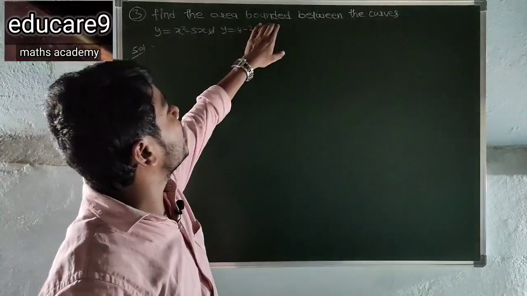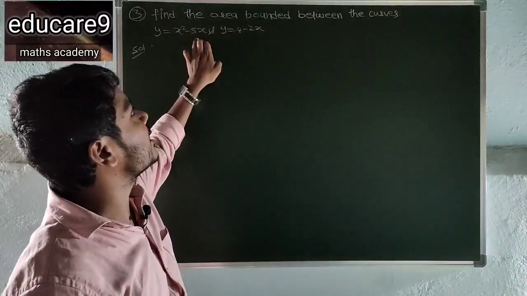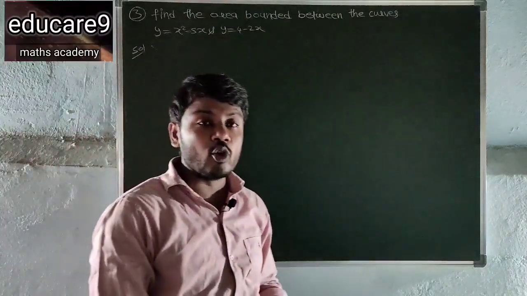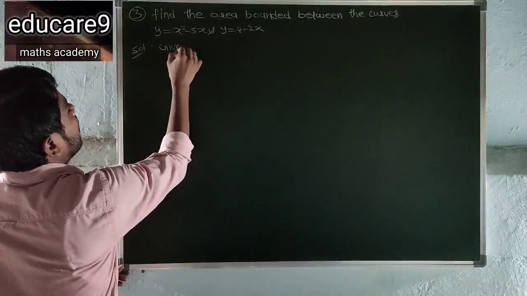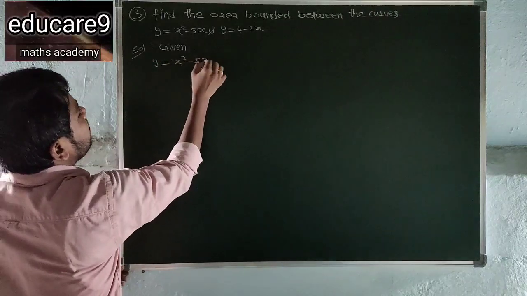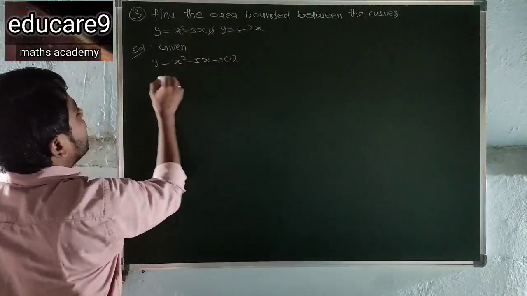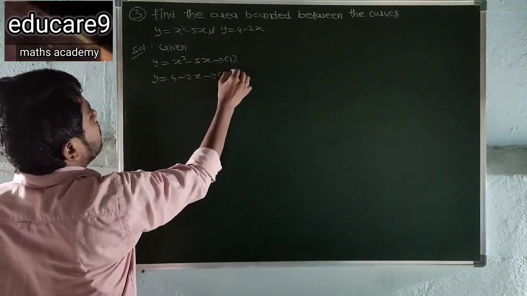See the next one, find the area bounded between the curves y is equal to x square minus 5x and y is equal to 4 minus 2x. See here given curves, y is equal to x square minus 5x, this is equation 1, and y is equal to 4 minus 2x, this is equation 2.